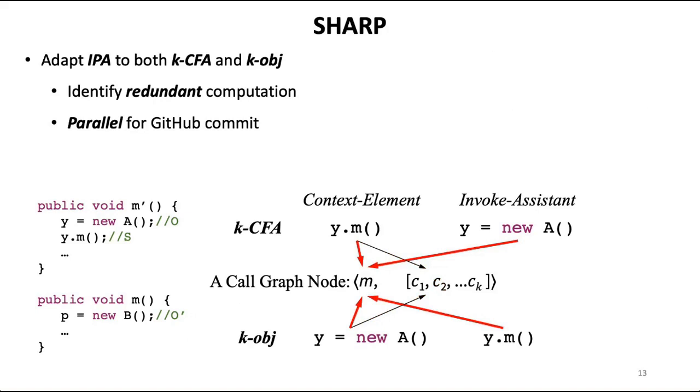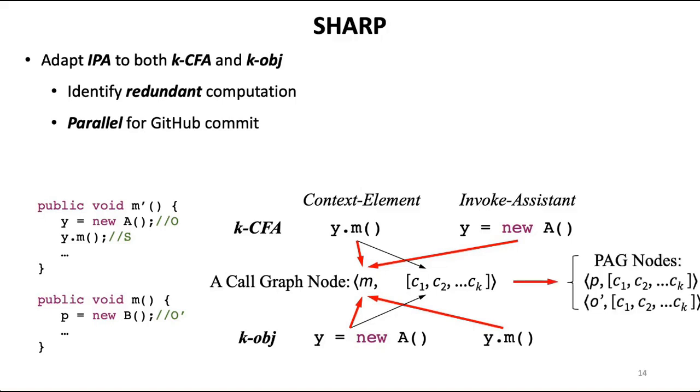No matter which type of context is used in pointer analysis, both new and invoke statements determine a call graph node, which further defines a set of pointer and object nodes. Hence, we need to carefully handle the deletion of new and invoke statements if we want a general, sound, and efficient algorithm.